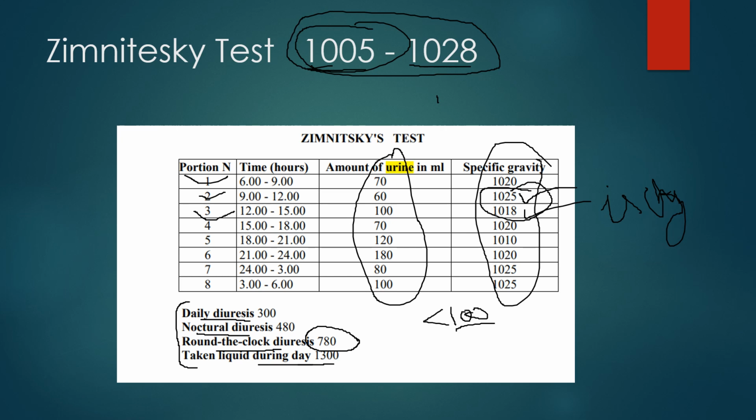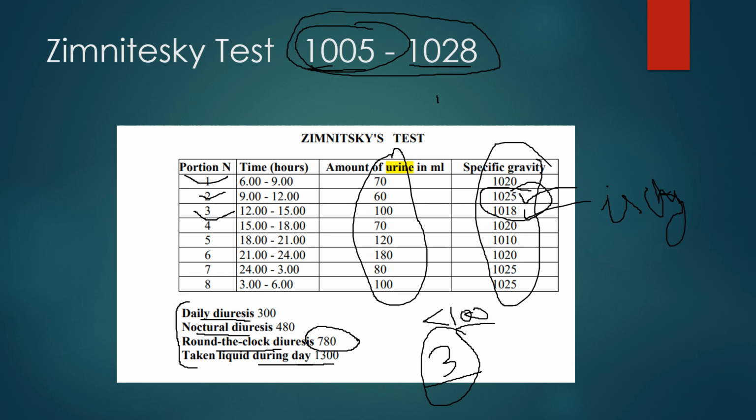Now the normal information is that during the day, a patient excretes urine 3 times more as compared to night. But if the condition is reversed, if the amount of urine during the day is less than 3 times the night amount, then the patient is suffering from nocturnal diuresis.